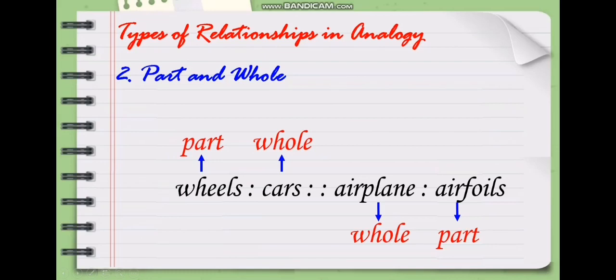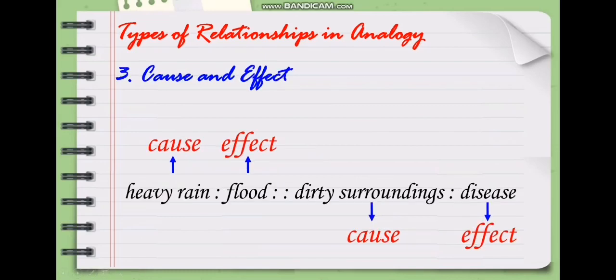Next type, we have cause and effect. In a cause and effect relationship, the cause is the reason why something happened. And the effect is what happened or what will happen because of a certain reason or cause. Meaning, effect is the result.